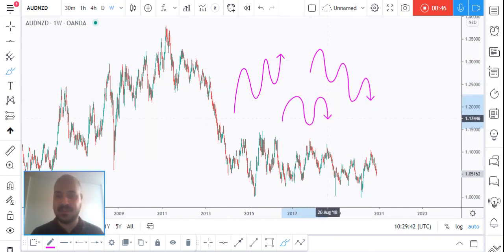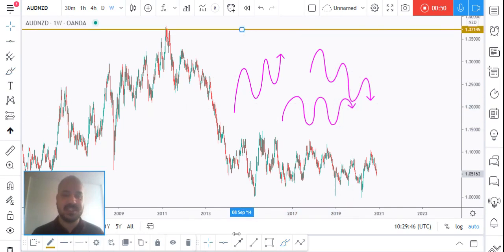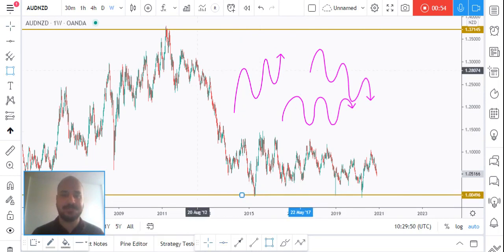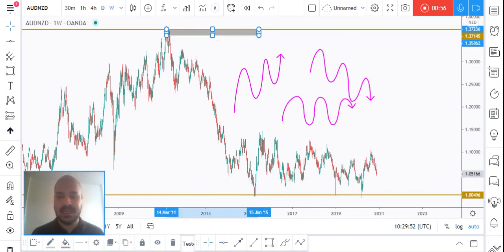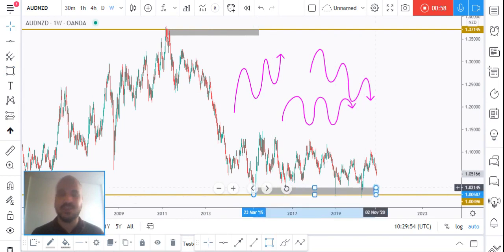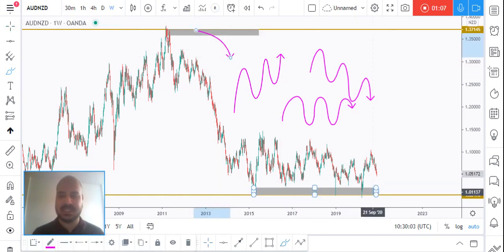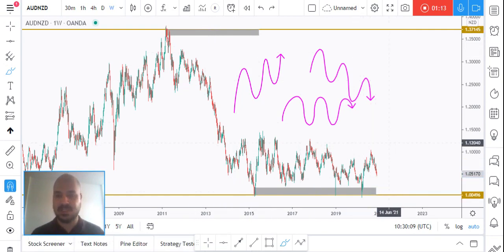Then after identifying the market structure, we will draw our key rejection, support, and resistance, or even our supply and demand zones. Then we'll zoom into lower time frames like H4, H1, or even the M30 time frame and look for potential sell setups around resistance and supply, of course, and buy setups around demand and support as well.